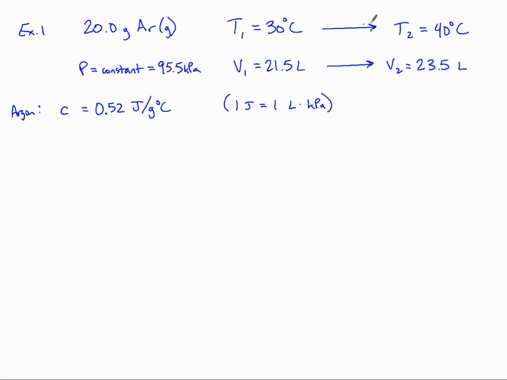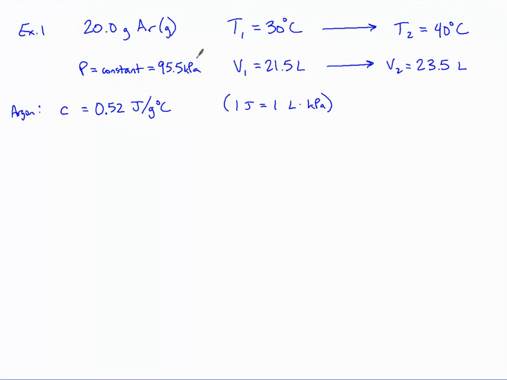And you'll notice that I have labeled these T1 and T2. T1 is the initial temperature. T2 is the next temperature or the final temperature. It says the cylinder expands against a constant pressure. Remember that P is constant, 95.5 kilopascals.